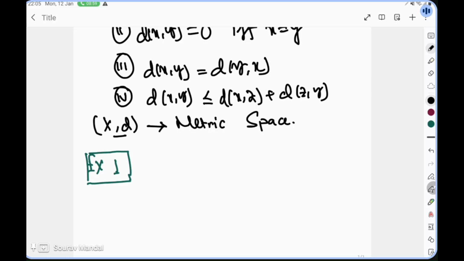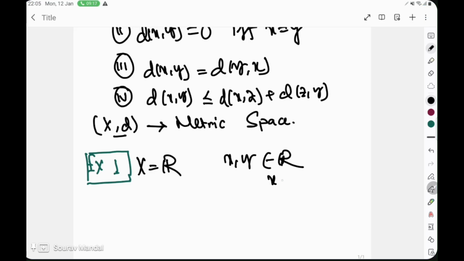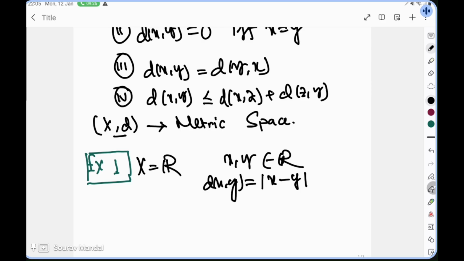That is nothing but if you are considering the set of all real numbers, then what is the distance between two arbitrary points in R? Modulus of x minus y. Now if we consider d(x,y) equal to this, whether this forms a metric or not.